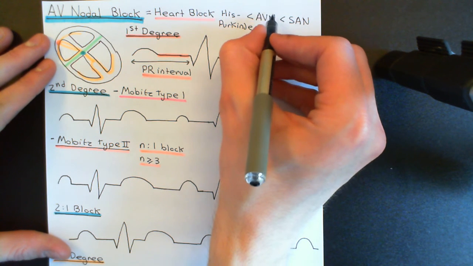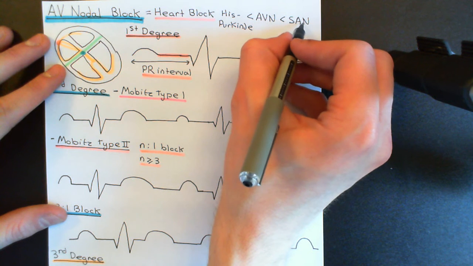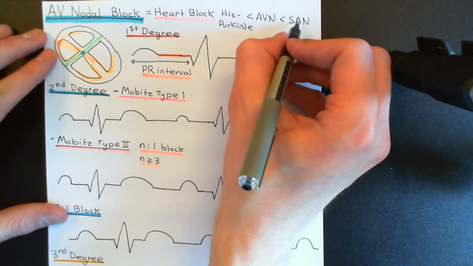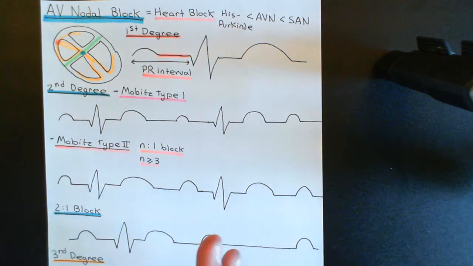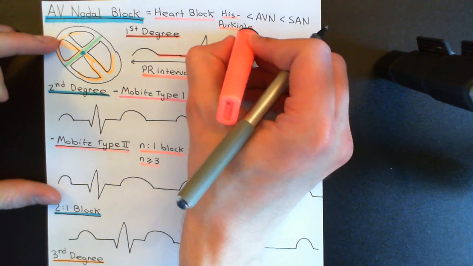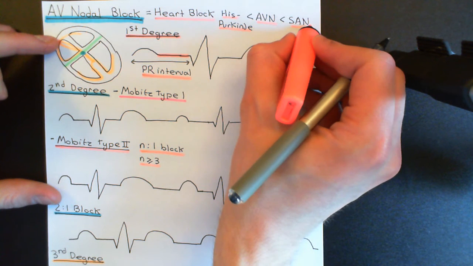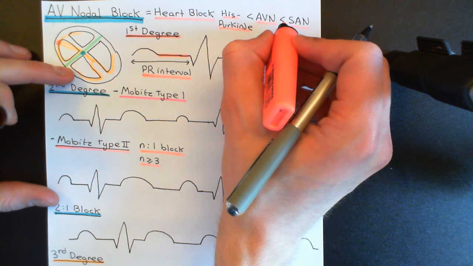The AV node is completely misbehaving, so it's not going to be generating us electrical signals. Okay, the sinoatrial node might still be working, but we can't hear it now in third-degree heart block, so we're now reliant on the His-Purkinje cells. So you will still get the ventricles contracting, but they will contract completely out of rhythm with the atria, so it won't be a case of the atria contract and then the ventricles contract.